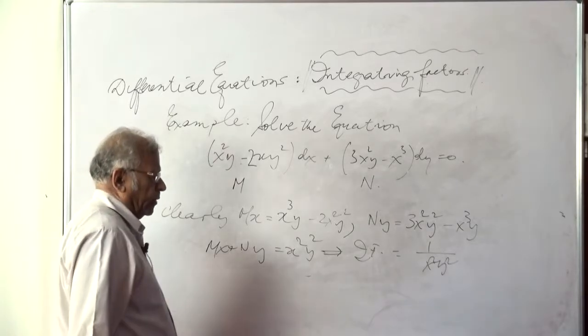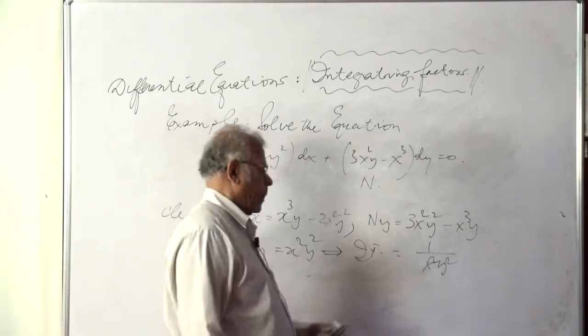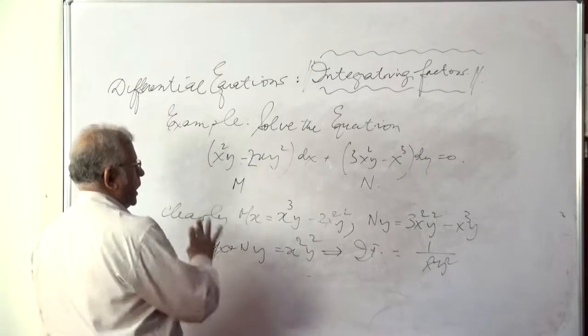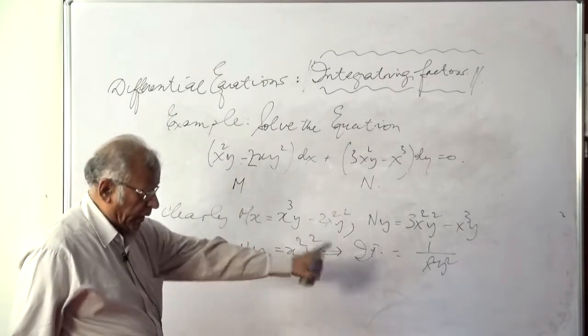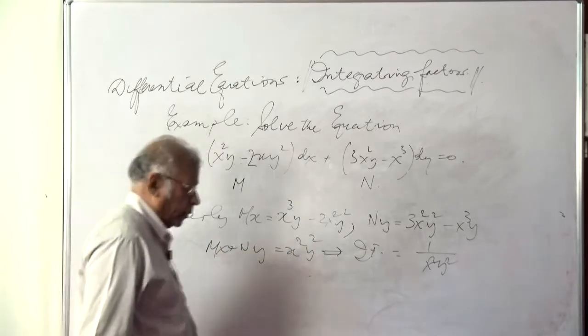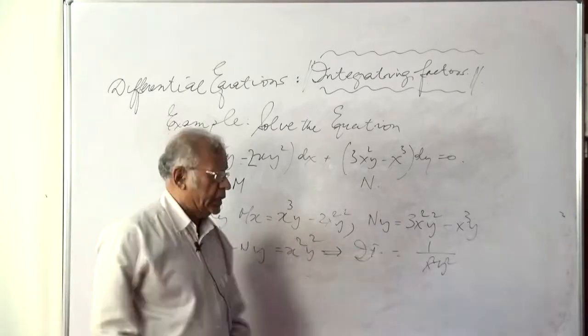So we will multiply the given equation, which was inexact, by the integrating factor 1 over x square y square, to convert it to an exact equation.